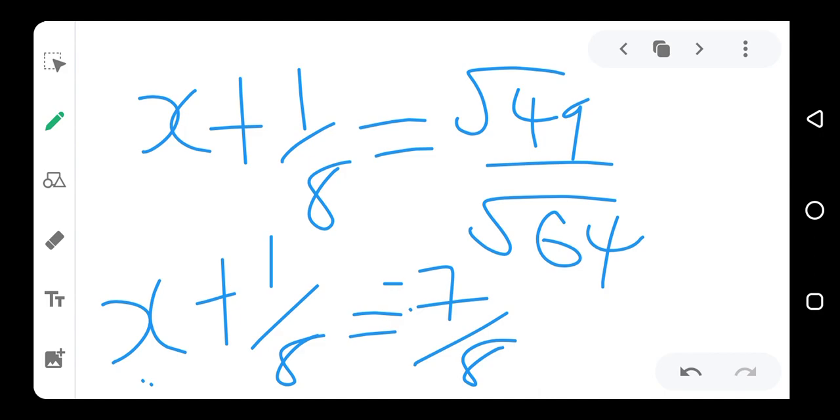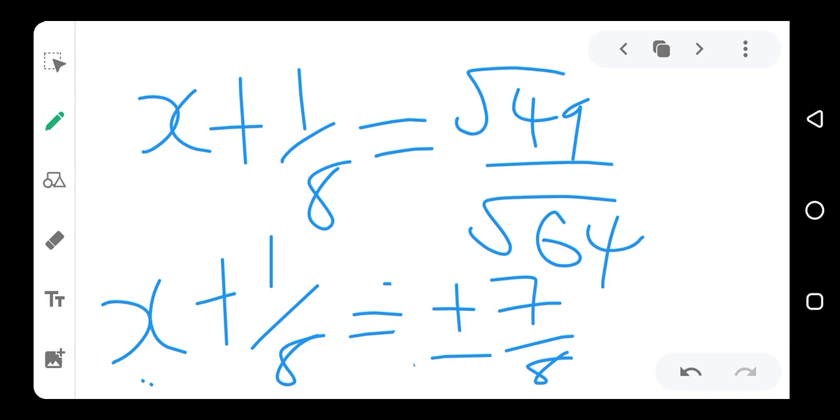The square root of 49 is plus or minus 7, and the square root of 64 is plus or minus 8. So we actually have plus or minus 7 over 8.